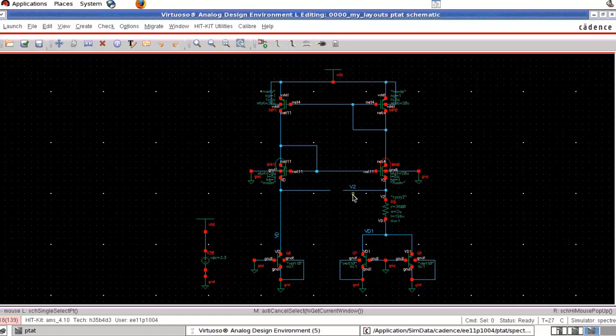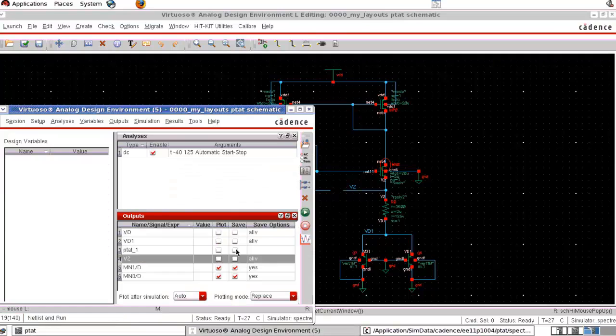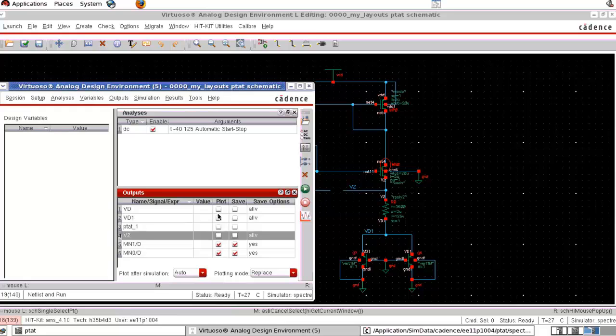So now we want to plot the voltage across the resistor, and we said the voltage across the resistor is a PTAT. So voltage across the resistor is V2 minus Vd1. So we want to plot V2 minus Vd1. So for that I want to plot VD and V2. I am deselecting those things.